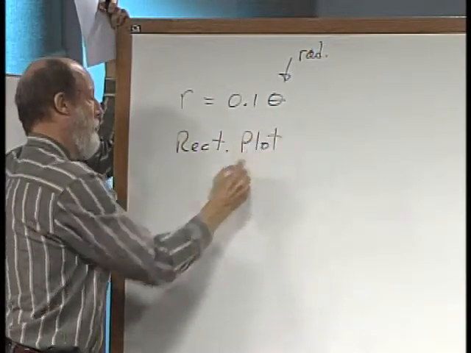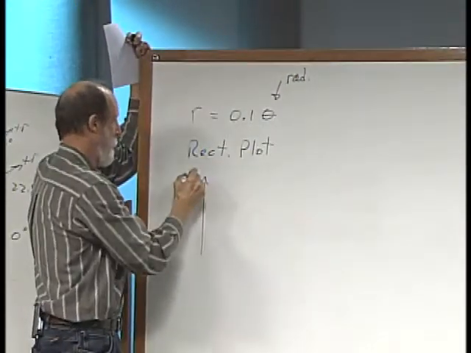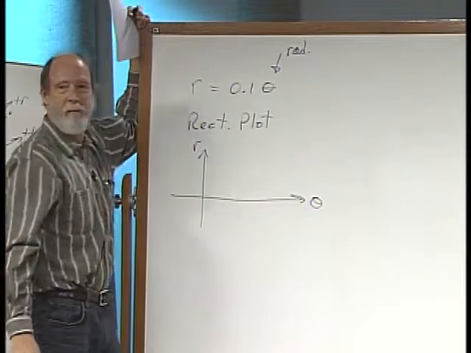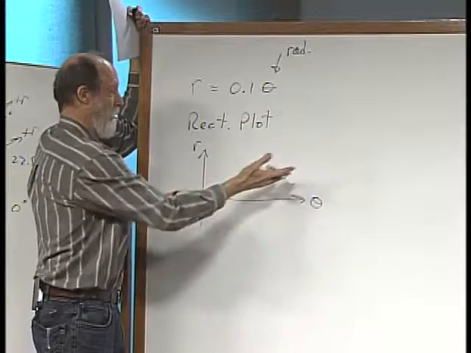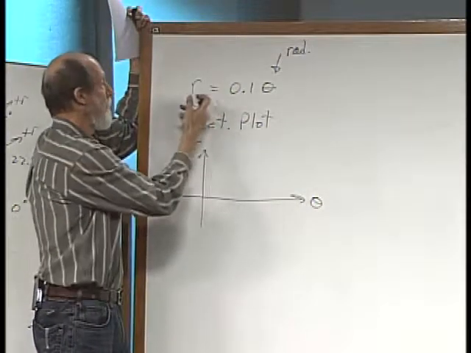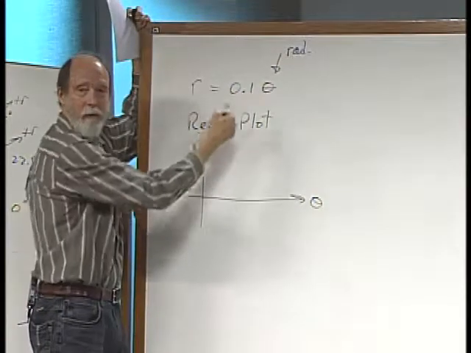Beginning algebra. Y is a function of x. Okay, yeah, a very shallow linear function, right? A very shallow linear function where the radius continues to grow with a slope of 1/10 as a function of theta.